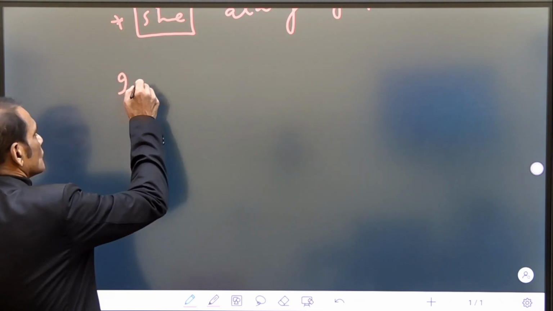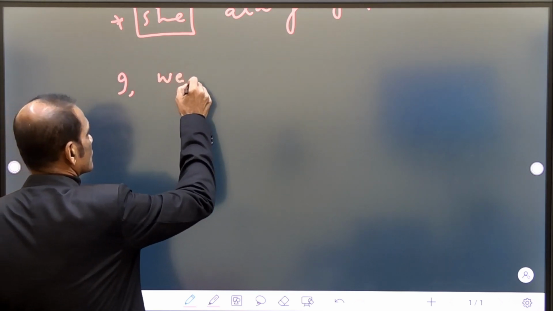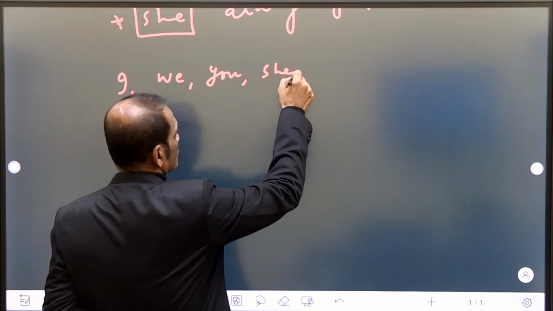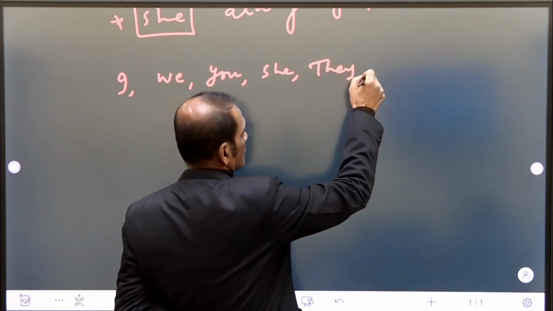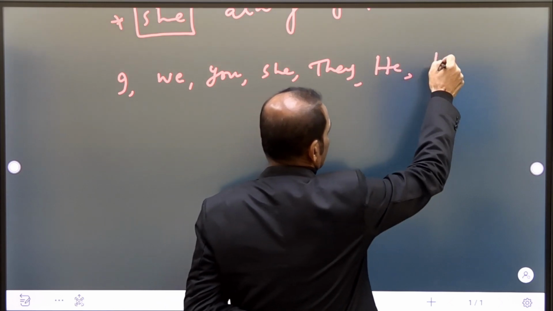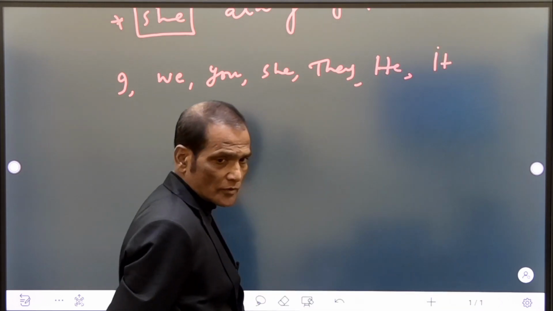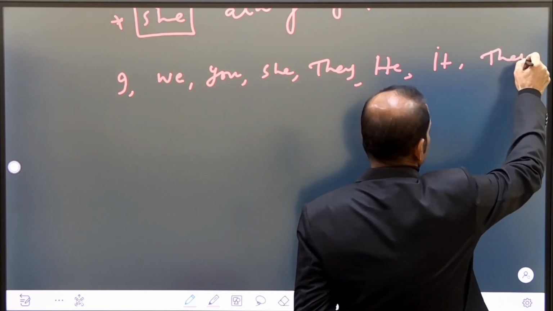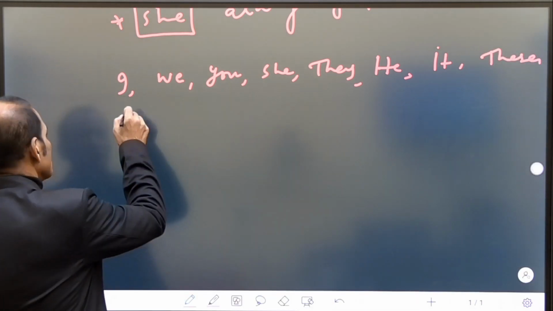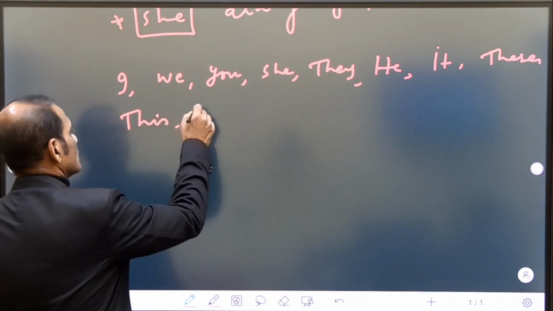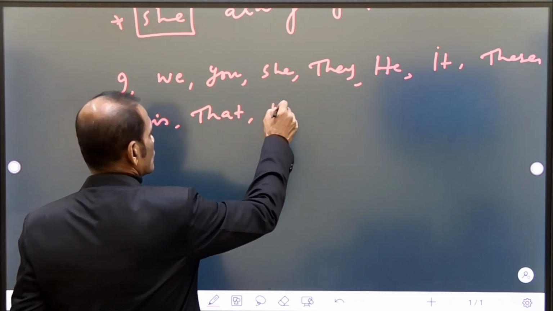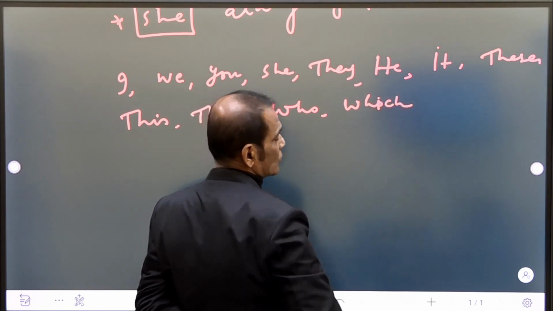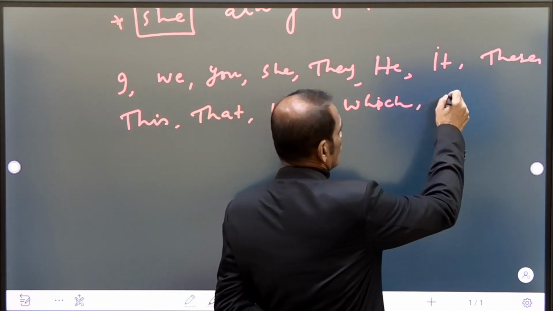I, we, you, she, they, he, it, these, this, that, who, which, one.